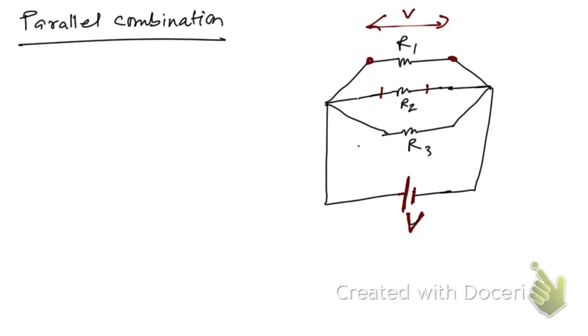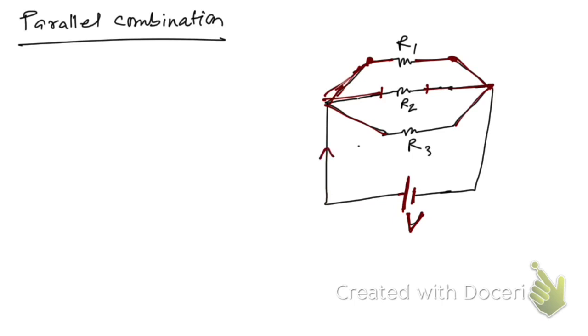Across R1 also V, across R2 also V, across R3 also V, because the end points of all the resistors are connected to this battery directly, right? Hope you have understood this.